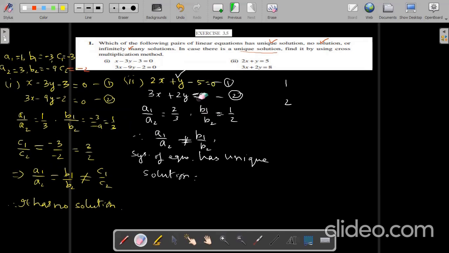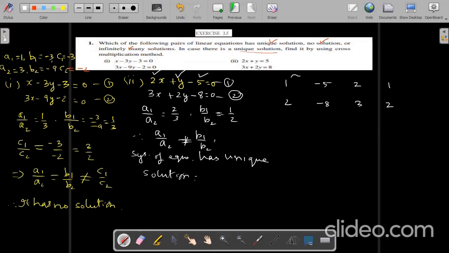As I told you, always bring it to the left hand side. Similarly, this 8 will become minus 8 is equal to 0. So now take minus 5, minus 8, then again the coefficients of x, 2, 3, and coefficients of y. We start from 1 by 2 and reach 1 by 2.